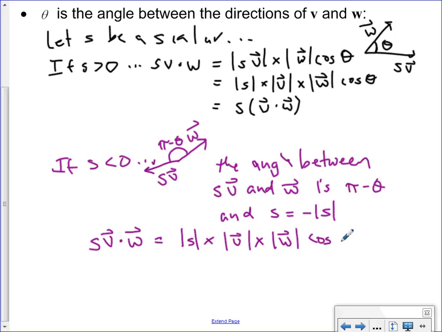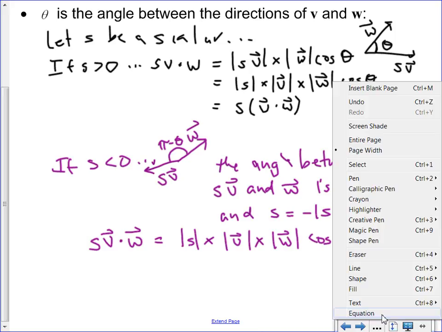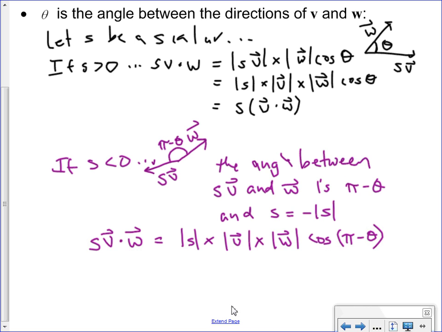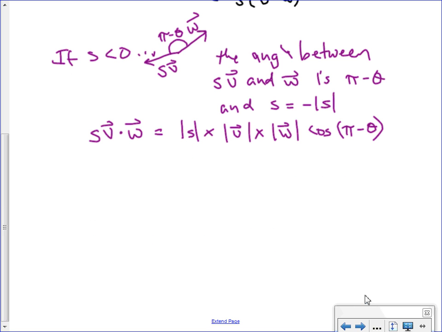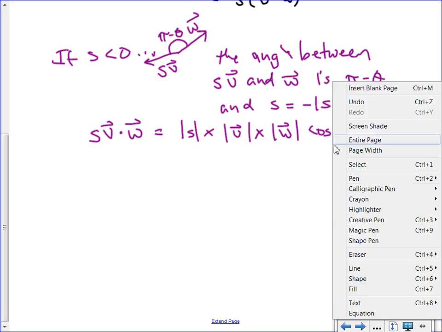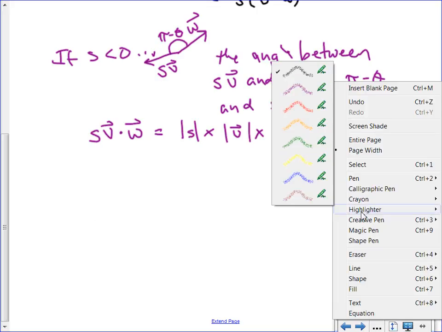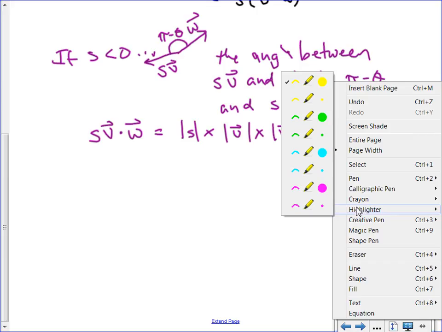Cosine of pi minus theta, if you remember some of your trig identities, cosine of factors like cosine, cosine, sine, sine. So cosine of pi, cosine of theta minus or plus cosine something, something.